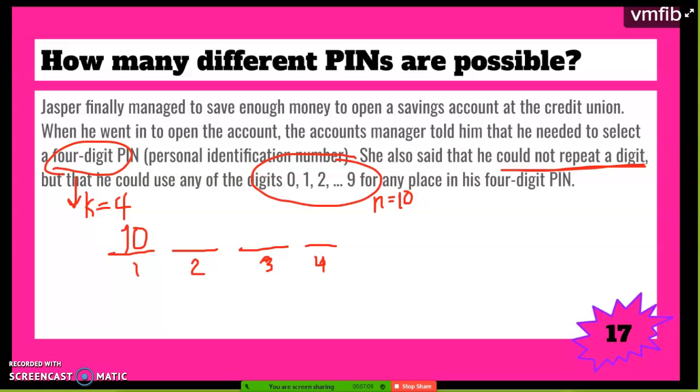So how many possibilities do I have for the second one? 9. Now that I've used those 2 digits, I cannot use them any longer, so I only have 8 left to choose from when I'm choosing my third digit. And same kind of thing happens for my fourth digit. 10 times 9 times 8 times 7 is 5,040.